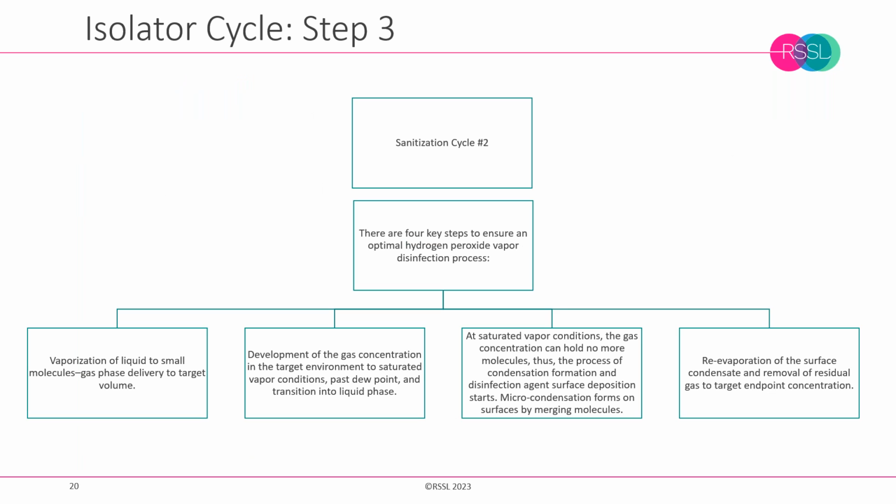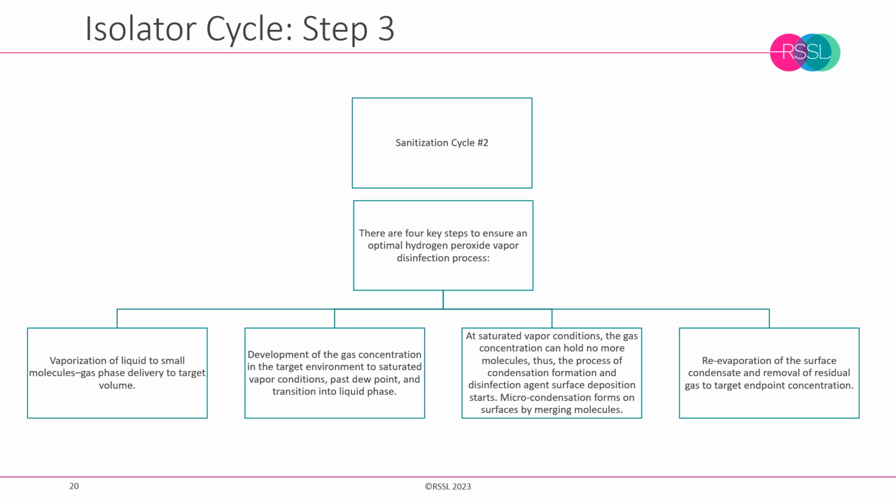So different hydrogen peroxide technologies work slightly differently. This is an illustrative one of a slightly wet process. And here there are 4 key steps to ensure the optimal hydrogen peroxide vapor disinfection process happens. So we have the vaporization of liquid to small molecules in the vapor phase for delivery of the target volume.